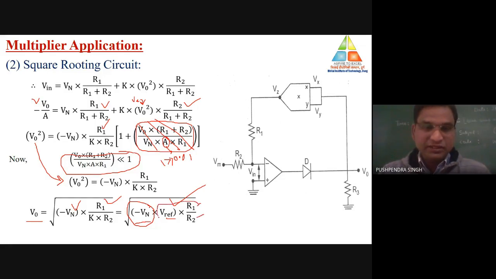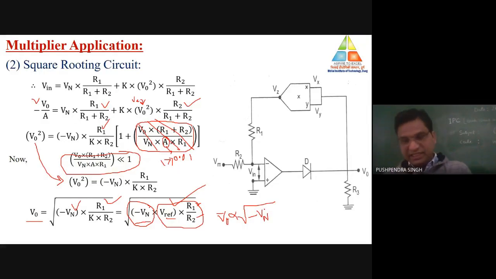So all these terms are constant. When these are constant, V naught is directly proportional to the square root of minus of Vin. But what is the necessary condition? The value of input voltage must be negative. This is the compulsory condition.